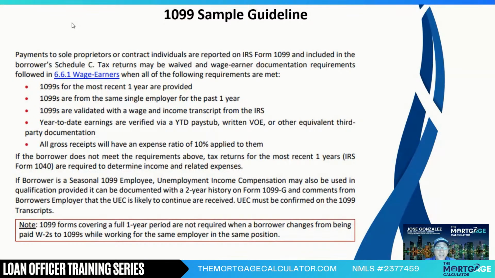If you have declining deposits, that's a real big red flag that could cause a loan to be denied. If you have large deposits that can't be verified as income, then you're going to have other issues as well. If you have too many NSFs or overdrafts, and in most cases, having more than two or three in the last 12 months is going to disqualify the loan. So, those are some issues there that could affect you.